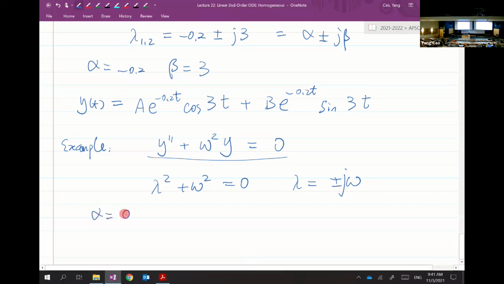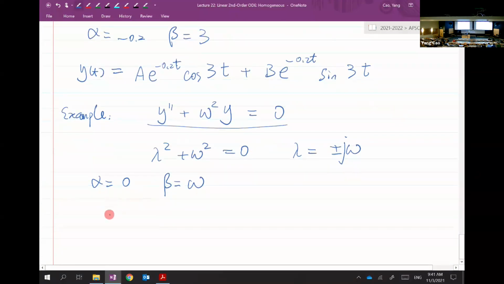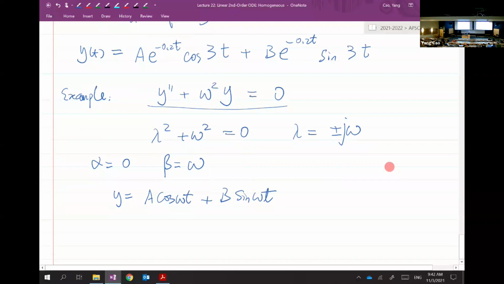So alpha equal to 0 and beta equal to omega. Then you get y equal to a times cosine omega t plus b times sine omega t. You got a solution like this.